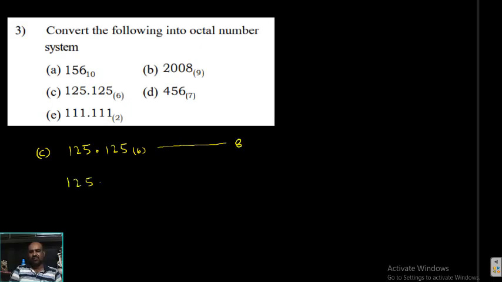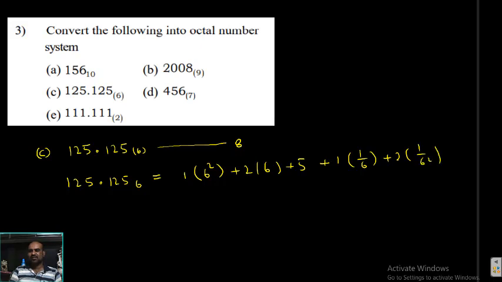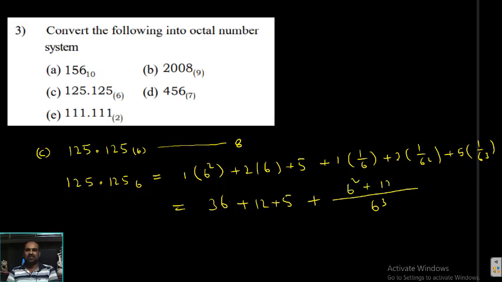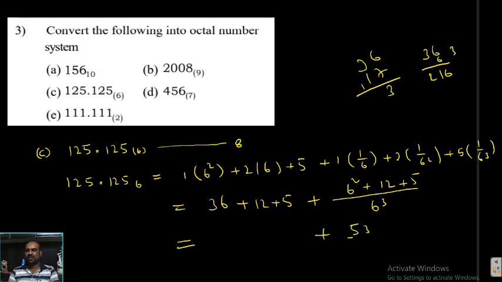First of all, 125.125 base 6 is equal to 1 into 6 square plus 2 into 6 power 1 plus 5 plus 1 into 1 by 6 plus 2 into 1 by 6 square plus 5 into 1 by 6 cube. 6 square means 36 plus 12 plus 5, and here LCM is 6 cube. 36 plus 12 plus 5 is 53, and 6 cube means 216. What is that? 53 by 216.